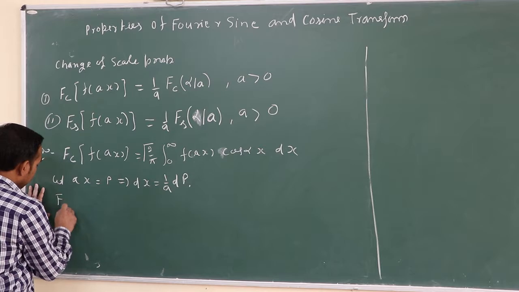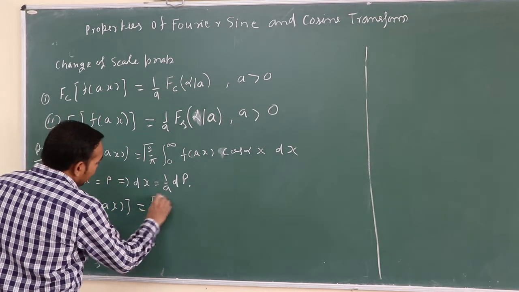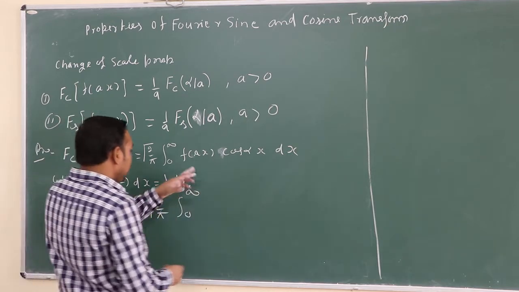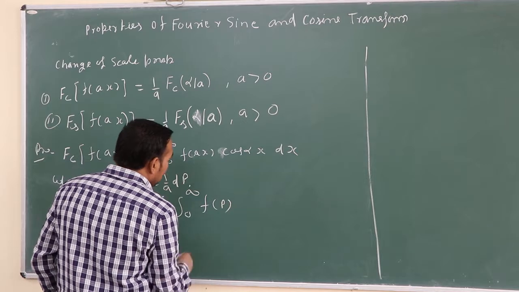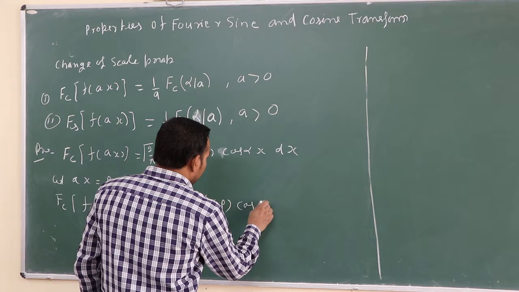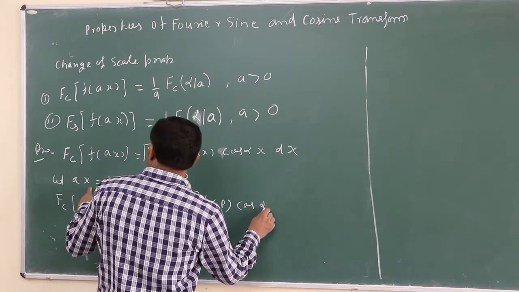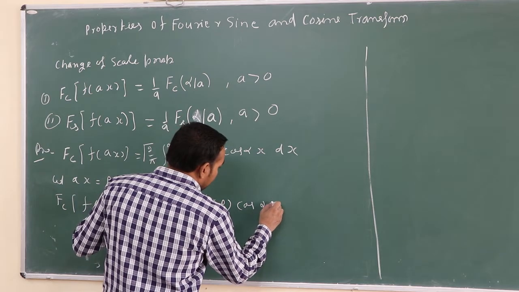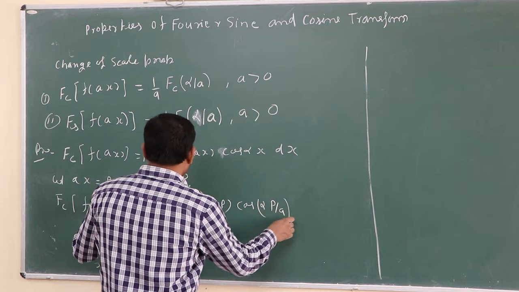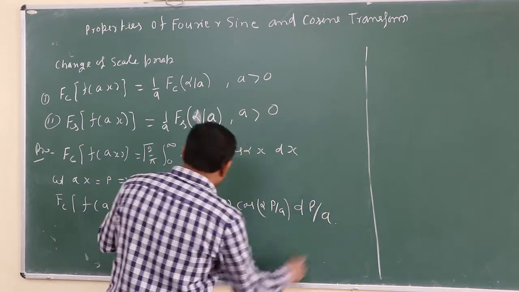So we can write x equal to p upon a and dx equal to dp upon a.